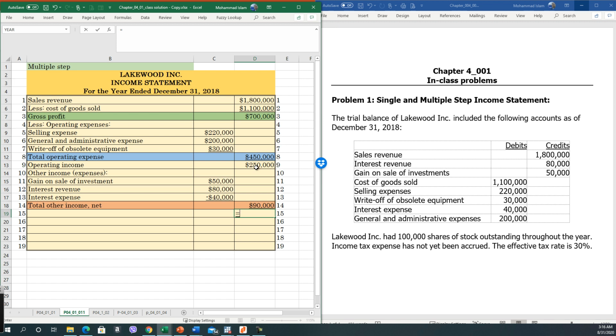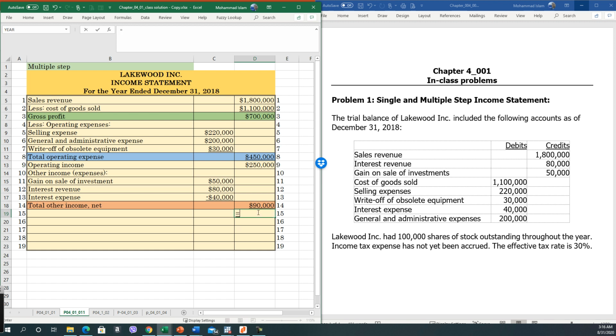So it should be D9 plus D14. Why am I getting 0? I'm not sure.